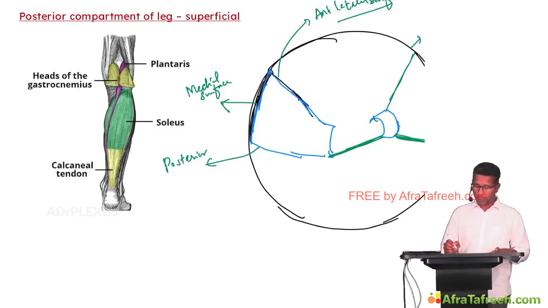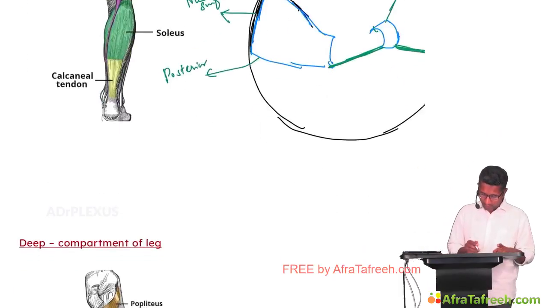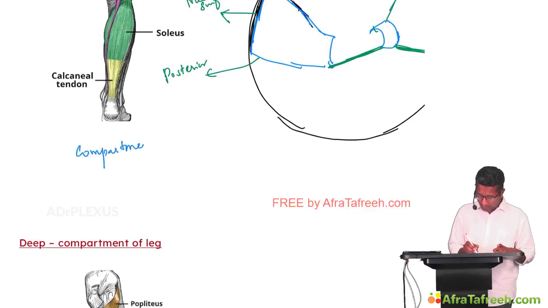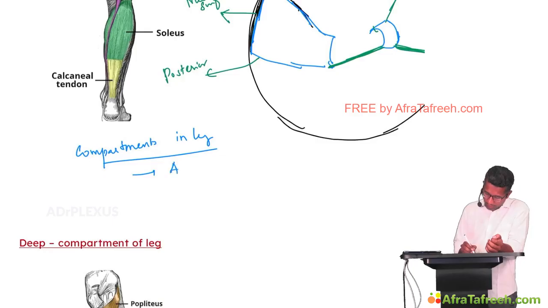So if you see here, the leg has 4 compartments. How many compartments are there in the leg? The compartments in the leg are 4 in number. What are the 4 compartments? One is the anterior compartment of the leg.